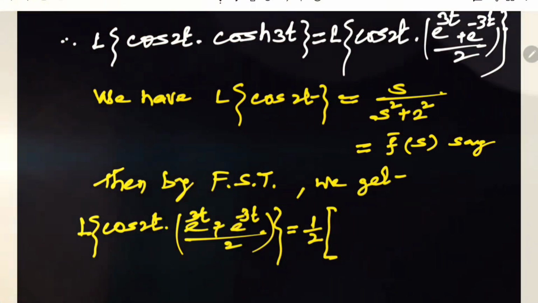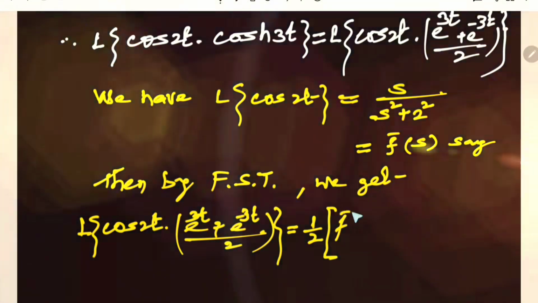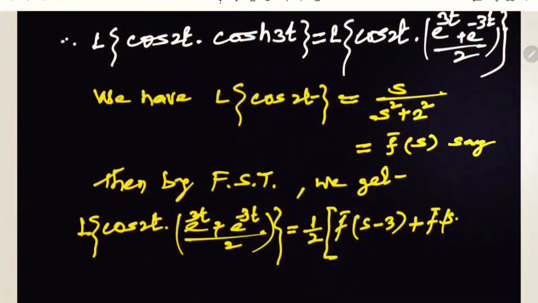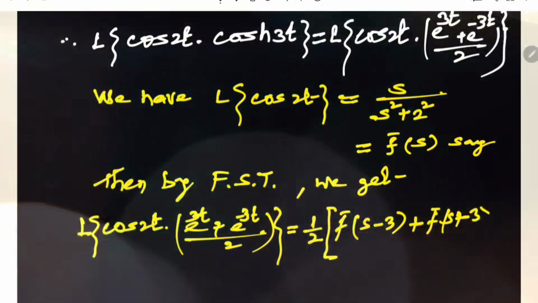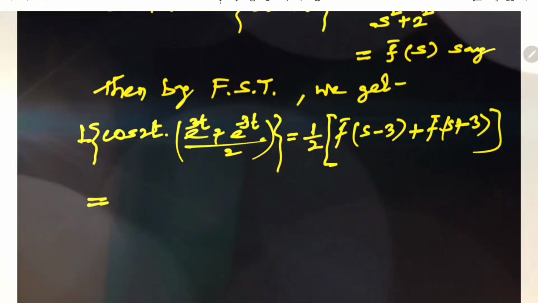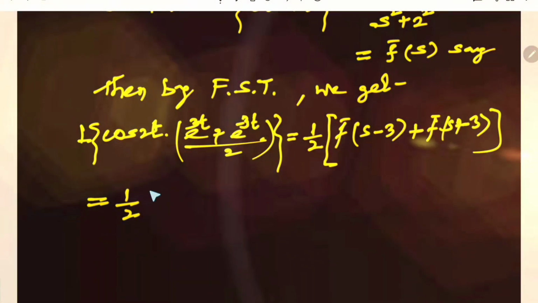It is Laplace of, first one is f bar of s, where s is replaced by s minus 3, and in the second result it is replaced by s plus 3.